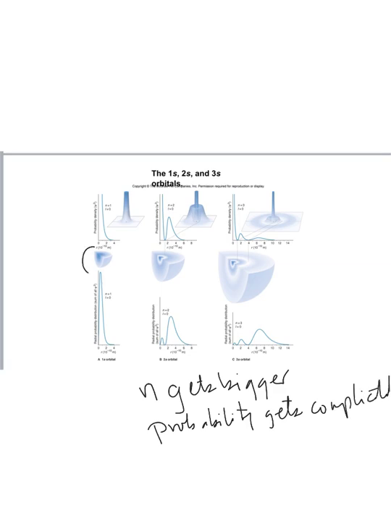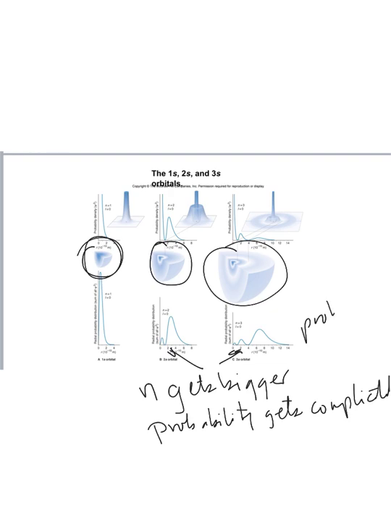Notice that the 1s orbital is really simple. It looks like a hard-boiled egg, and the darker spot is in the middle. But the 2s and the 3s get more complicated, where you see dark and light spots. That's because these little things called nodes are there. See where there's 0? The probability equals 0 at a node, N-O-D-E.